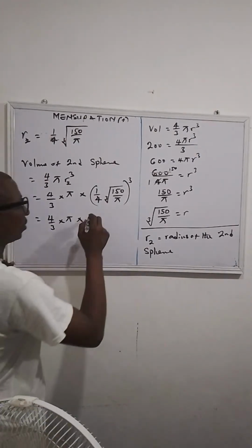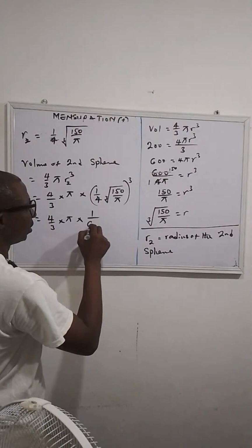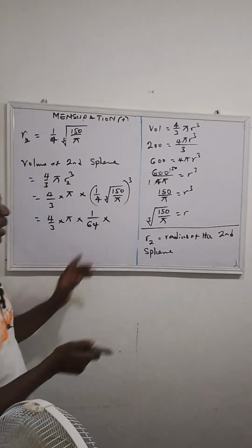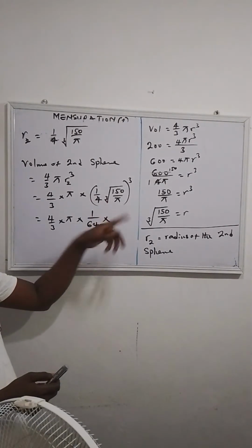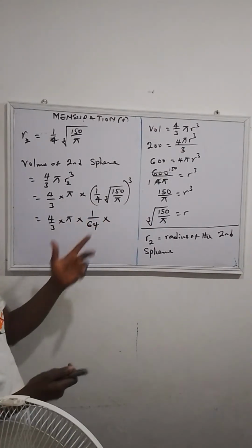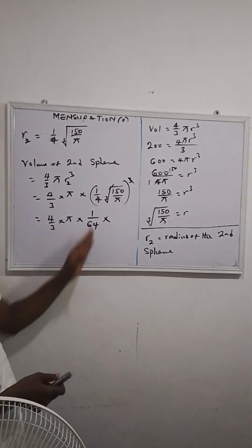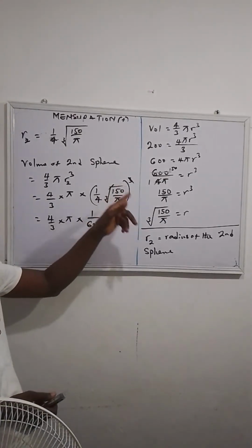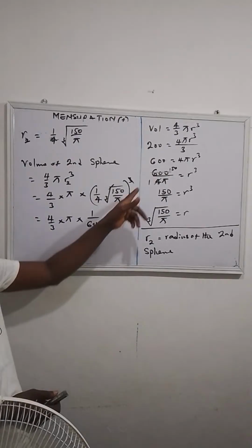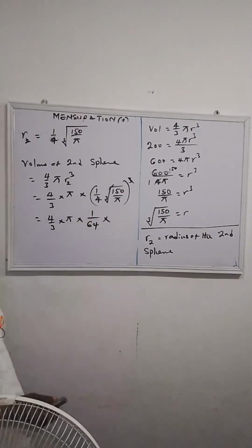So that gives me 1/64 times. Now I will multiply this by itself 3 times. It's as good as just saying this one will cancel this, because this is more like raised to the power of 1/3. So when you multiply that with this, it will cancel out.